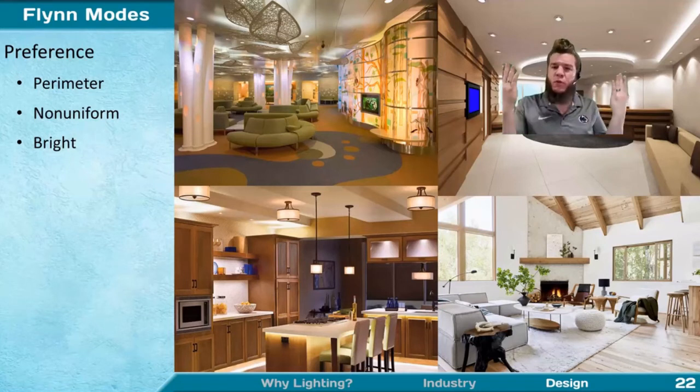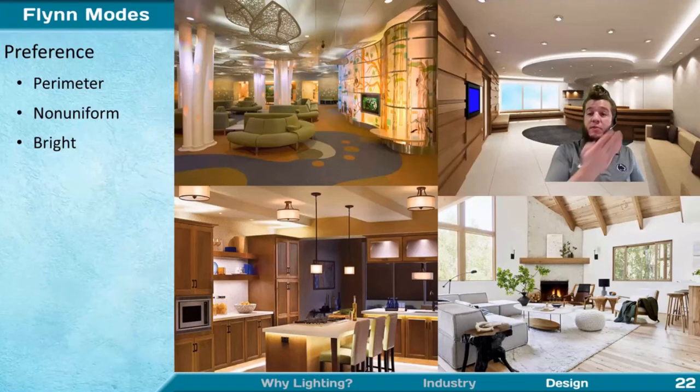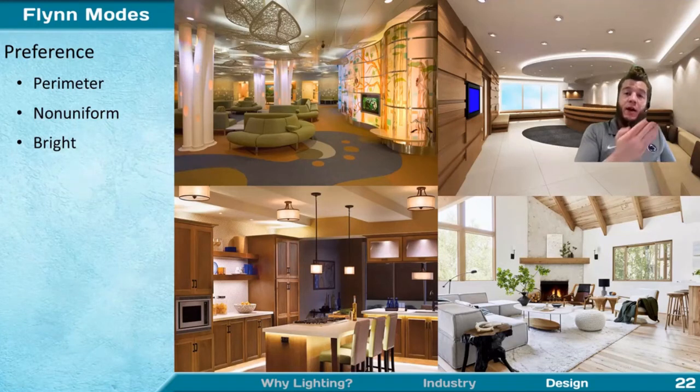However, the focus is clearly on the perimeter, and most of the lighting equipment you see on the space is directed towards the walls. So that's that perimeter focus. And of course, you can see with the can downlights creating that uneven scalloped feel here and here.